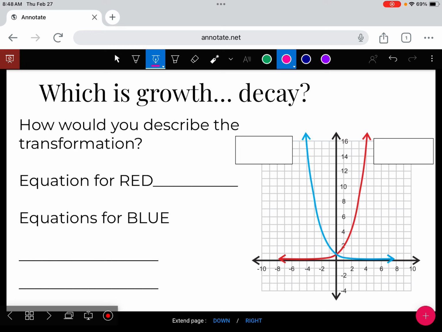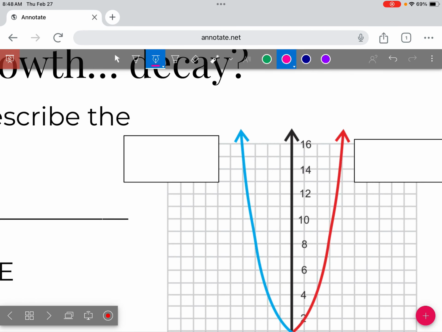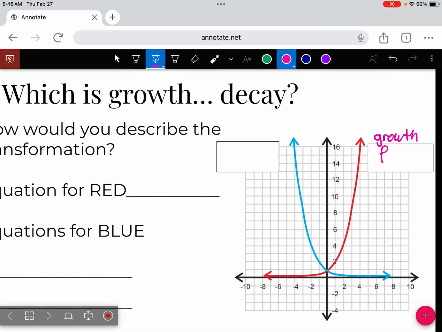What do we notice about them? Which one might be growth, do we think? Red or blue? Red. Red is definitely growth. We're going to call this one f of x. Is growth.